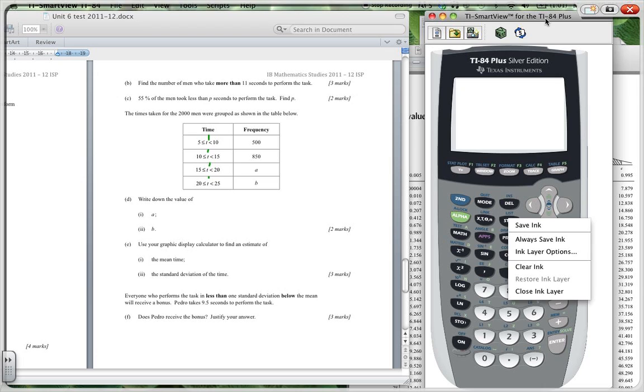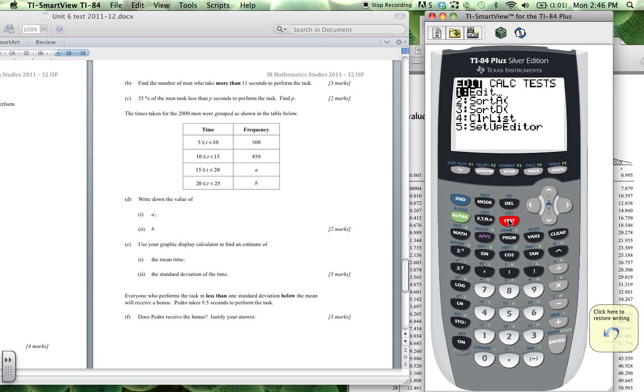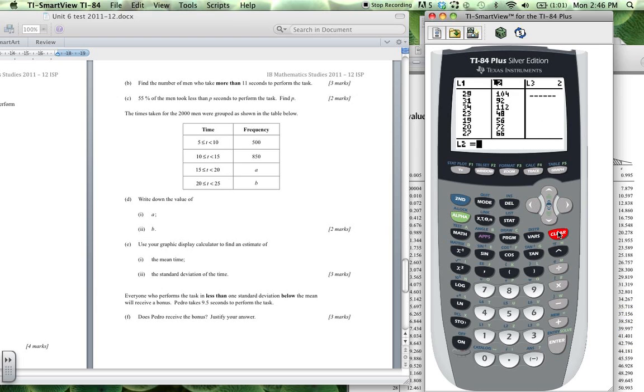So I go to my stat, and I put an edit, and I'm going to put in my list. I need to firstly clear this list. Then I put in my values: 7.5, then 12.5, then 17.5, and 22.5. So you just go midway between all of those.